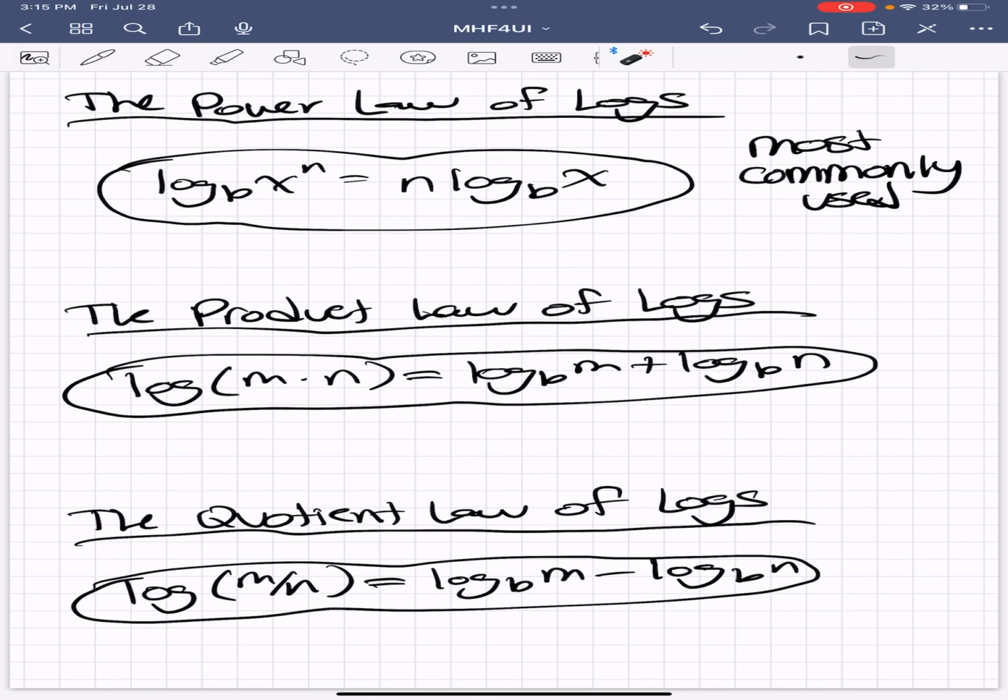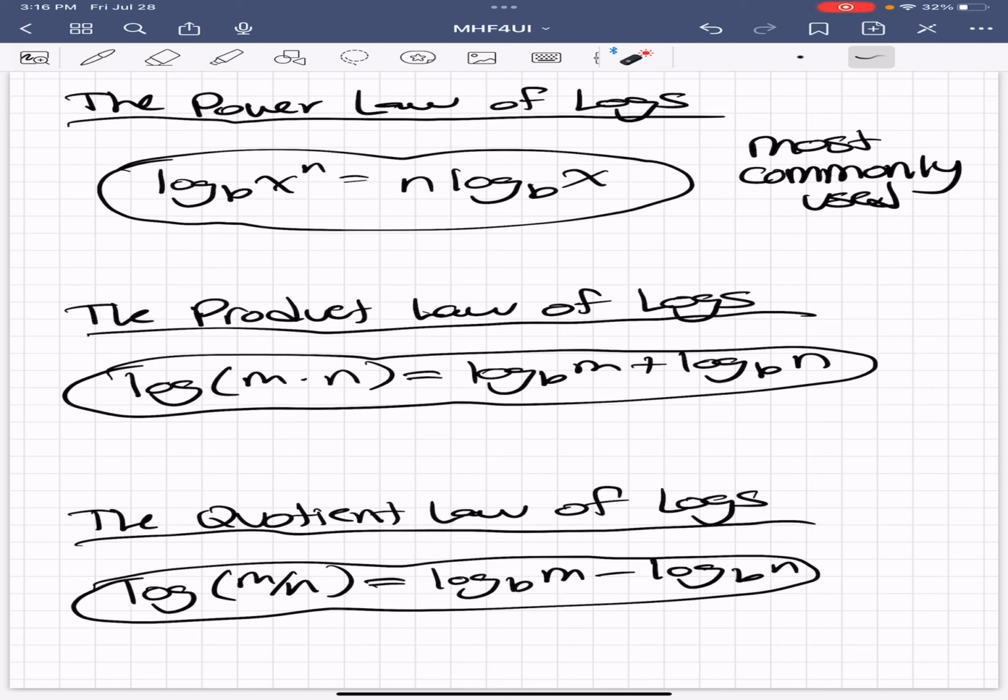Okay, so we have the power law of logs, which is the most commonly used one because we use it in exponential equations. So log base x to the power of n, and that n comes down here and becomes a part of the equation. We use it in exponential applications and exponential equations. That's the most commonly used one.